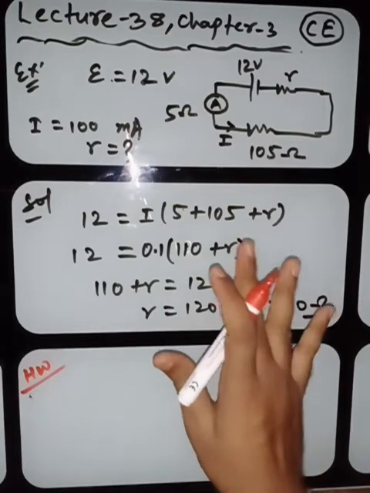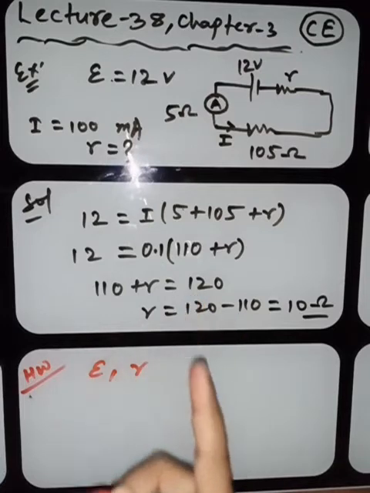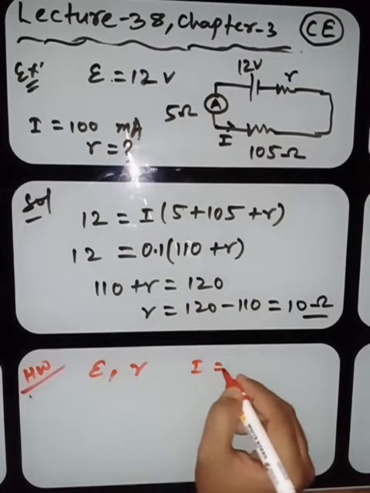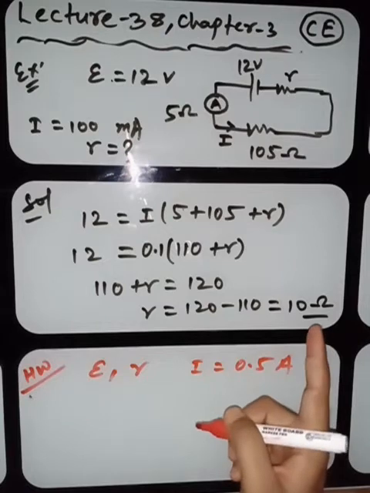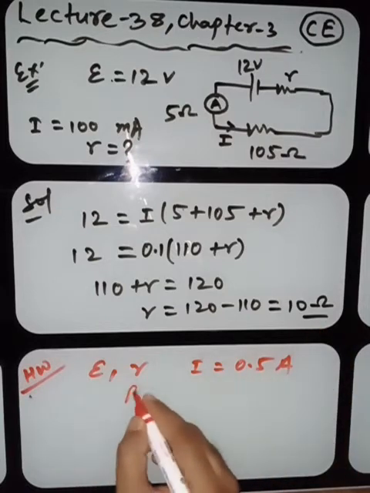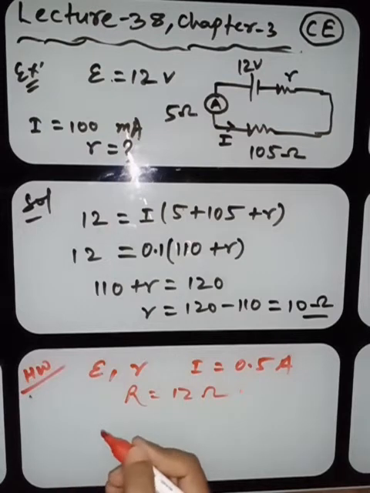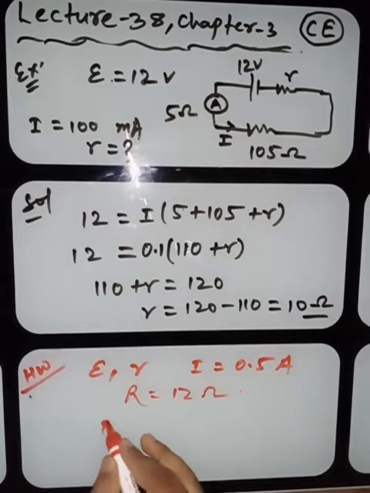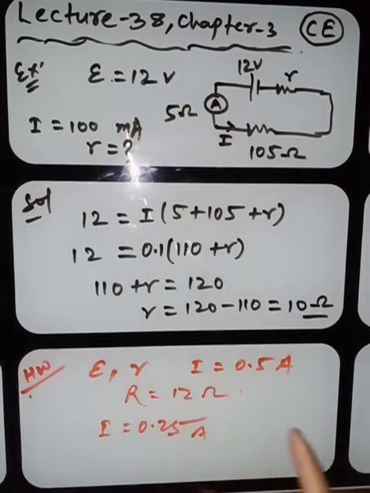A battery of EMF E and internal resistance r gives a current of 0.5 ampere with an external resistance of 12 ohm, and a current of 0.25 ampere with an external resistance of 25 ohm. Find the internal resistance.